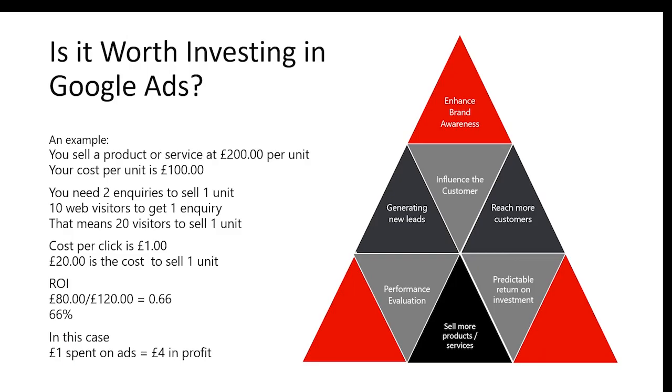Right. If you could just imagine that you're selling a product and the product costs £200. To create that product, it costs you £100. You need, sorry, you need 2 inquiries to sell 1 unit.